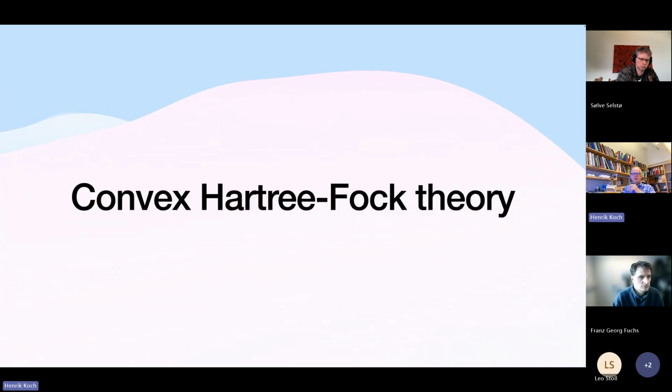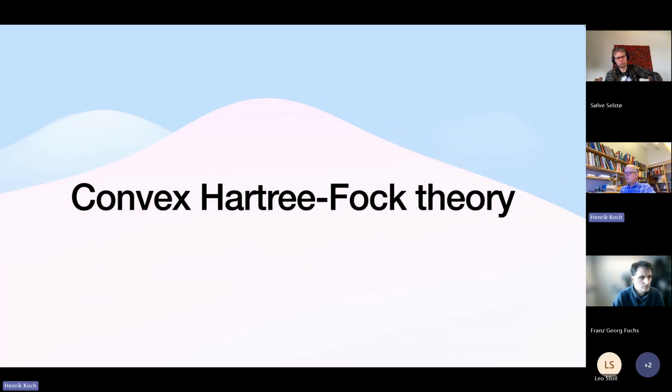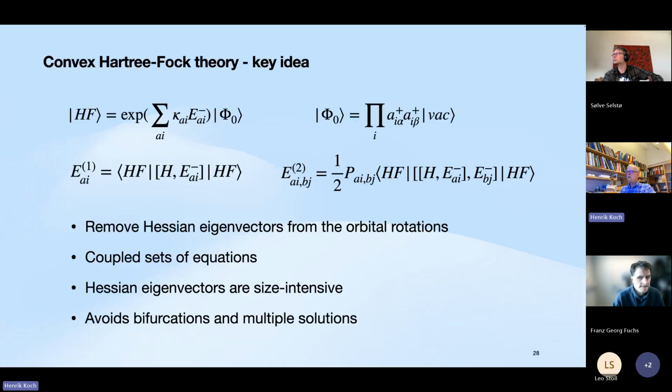Now, this was coupled cluster theory, and there are also some other theories that are maybe more basic, like Hartree-Fock theory, that can also have problems with this.